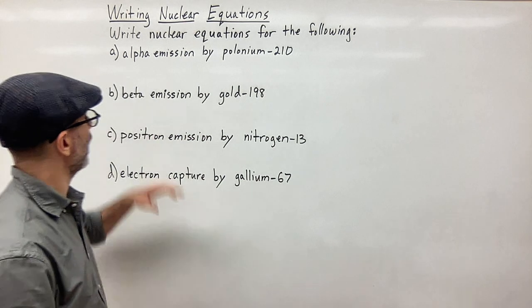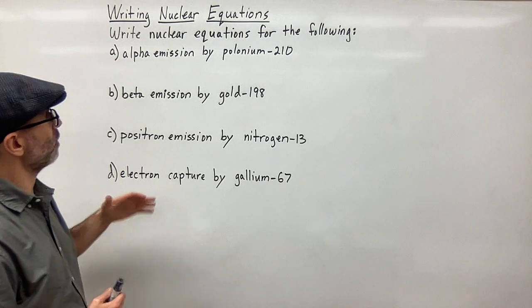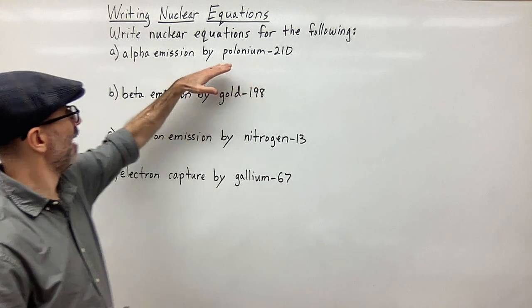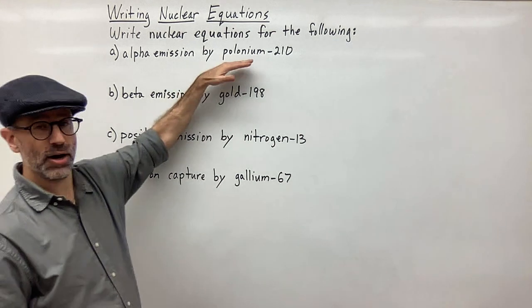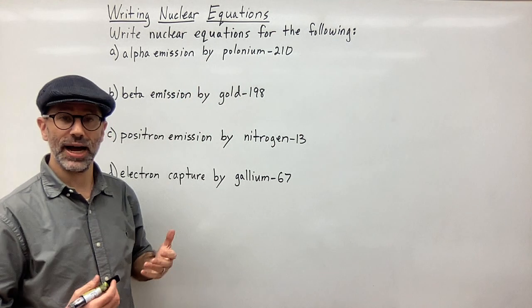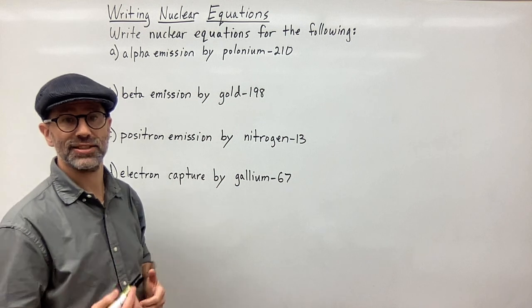So for A, we're told that a polonium 210 atom undergoes alpha emission. And so we know that the parent atom or nuclide that we're talking about is polonium 210. The 210 is the mass number.